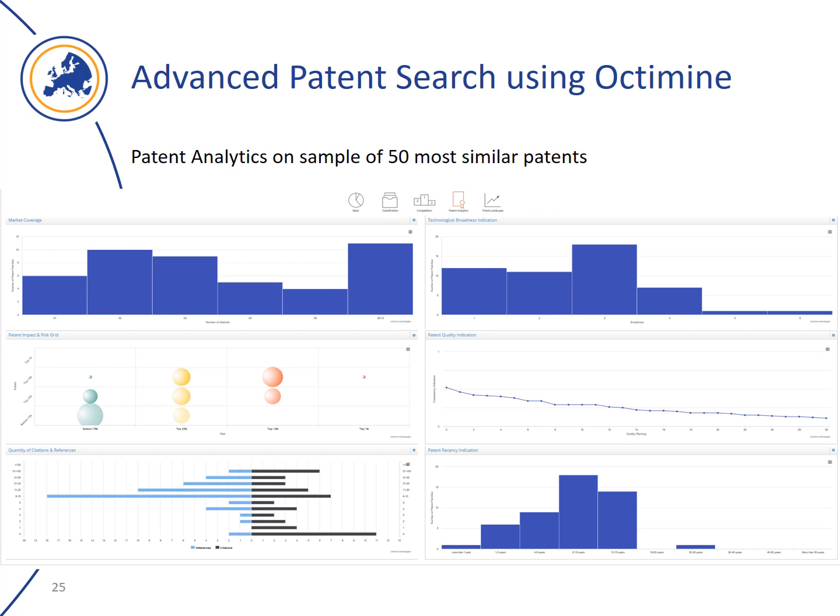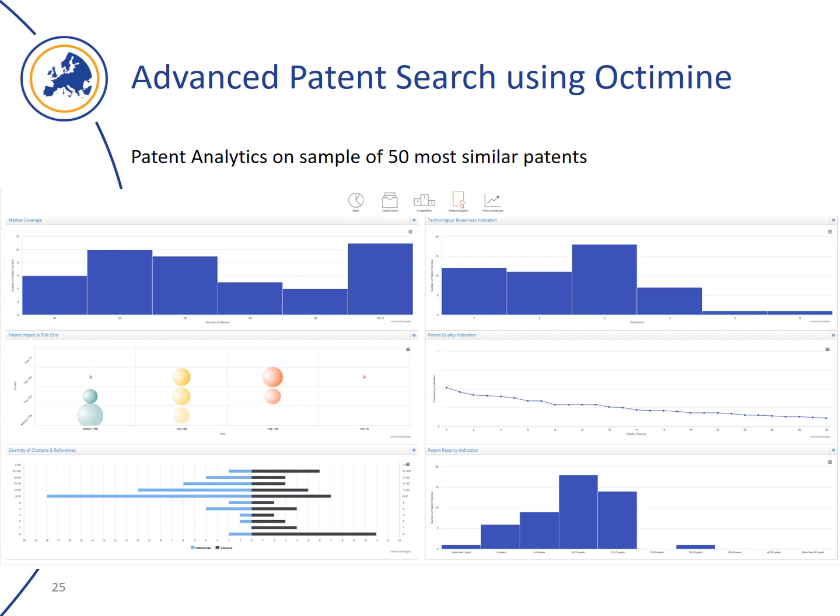A very interesting possibility is also to use the patent analytics graphics, where you can, for instance, look at the market coverage those patents have, or on the upper right the technological broadness indication.